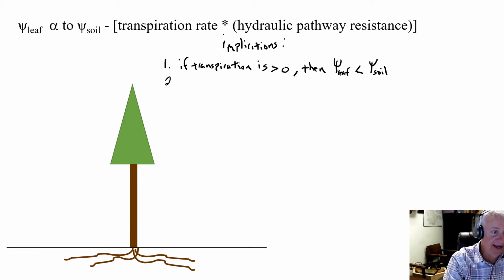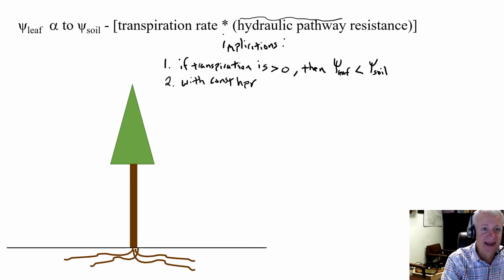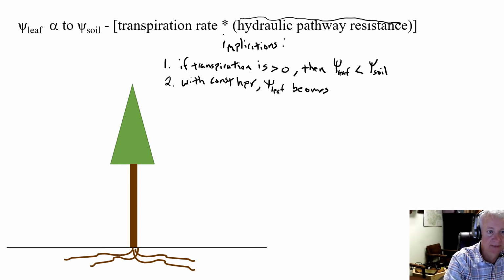Another implication is that with constant hydraulic path resistance, so I'm just going to abbreviate this term as HPR, with constant hydraulic path resistance, leaf water potential becomes more negative, sorry for my handwriting, as transpiration rate increases.